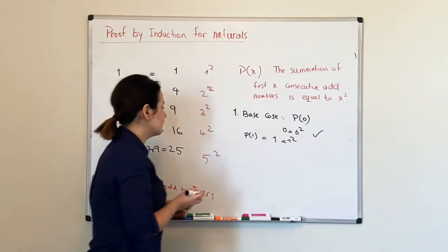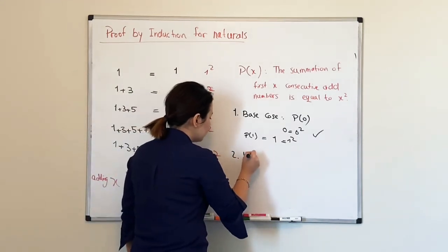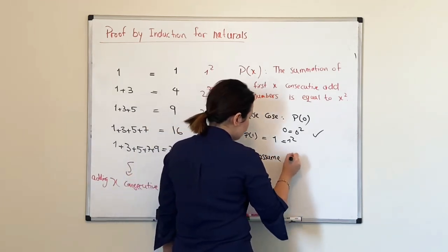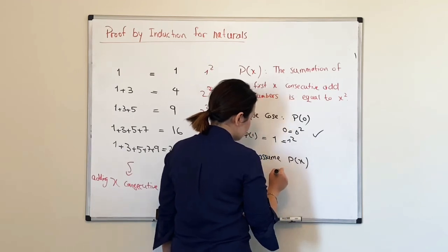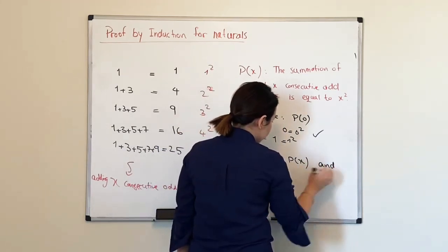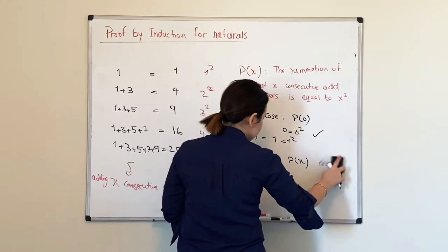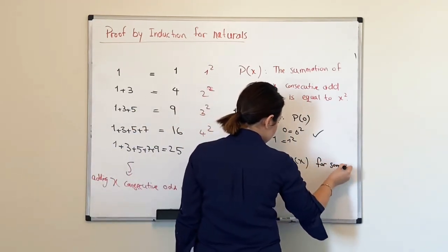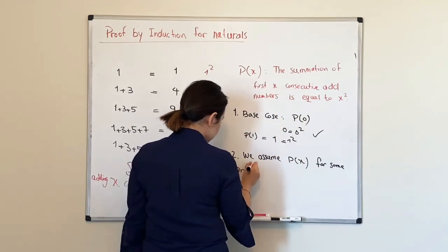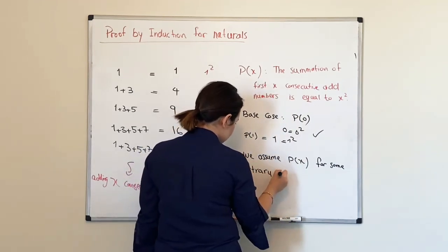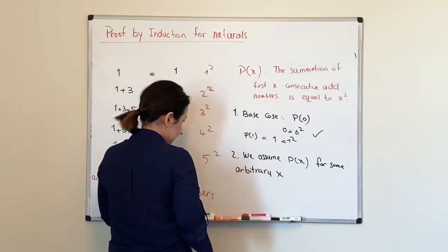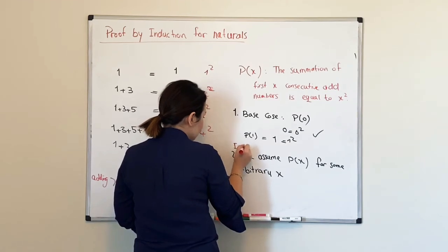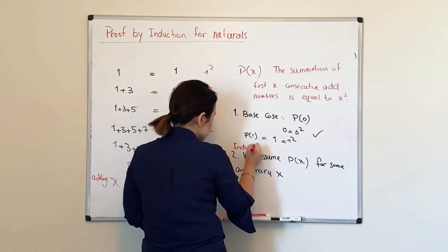Okay, what happens in the next one is that we assume P of x for some arbitrary x, which is our induction hypothesis.